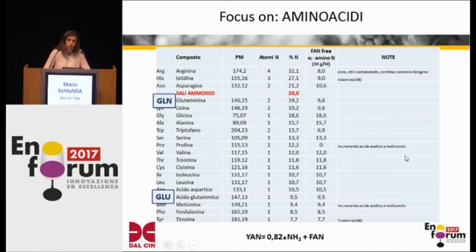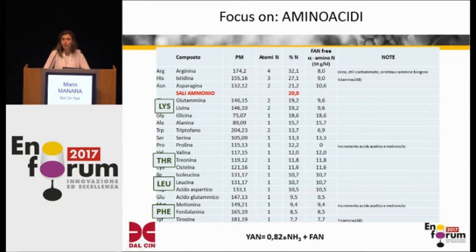You have other amino acids such as glutamic acid and glutamine, which are particularly important in biosynthesis, and obviously they should not be missing from the amino acid pool.